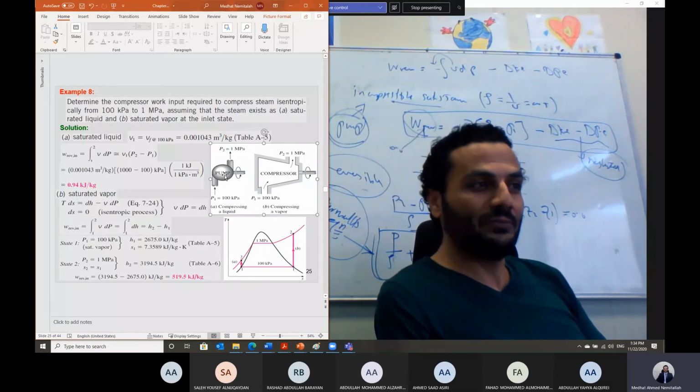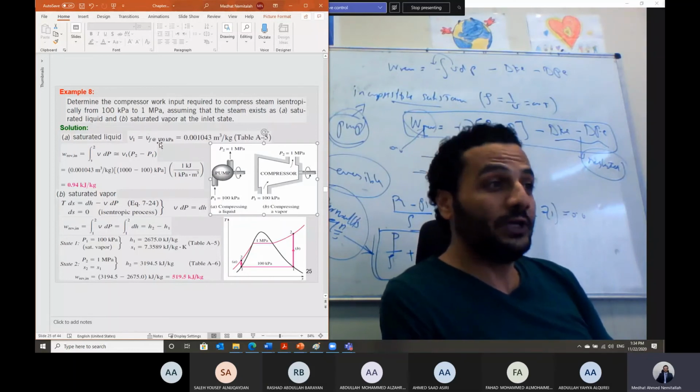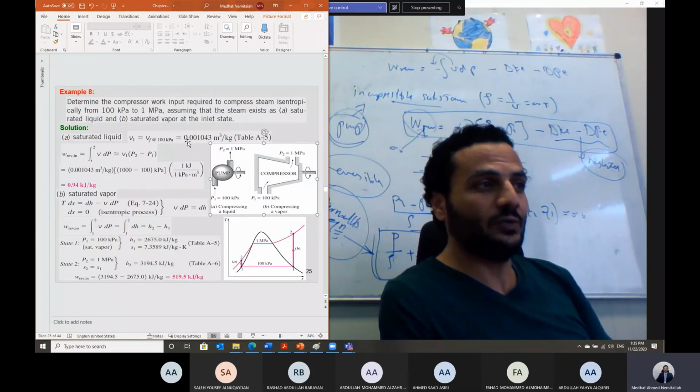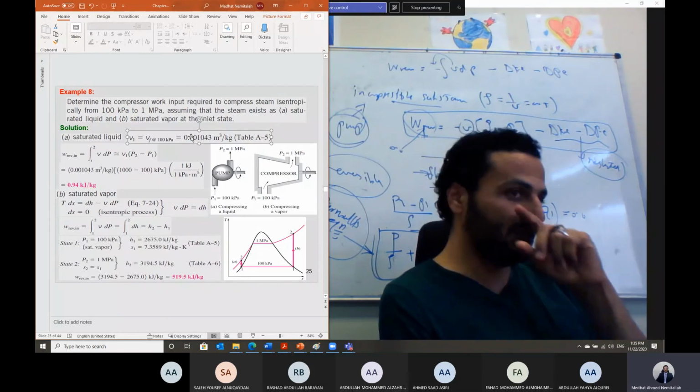If I use the pump, it is dealing with liquid, coming as saturated liquid, so it is incompressible. We have steam coming at pressure 100 kilopascal, and it is coming as saturated liquid. Saturated liquid means what, guys? The volume will equal what? The specific volume of fluid at this pressure, from steam table A5, we can get this volume.